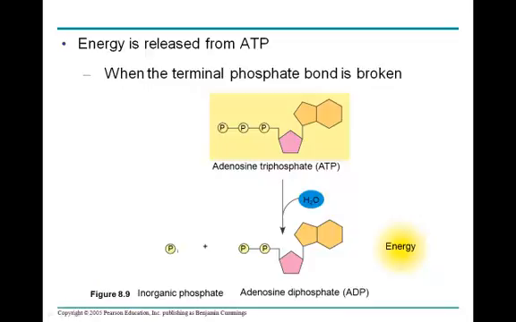ADP stands for adenosine diphosphate, di meaning now only two phosphates attached to the sugar, where you've released one inorganic phosphate and energy as well. This is the main energy storage molecule in the cell, and we will talk about how the cell makes ATP to have energy to perform many other functions.